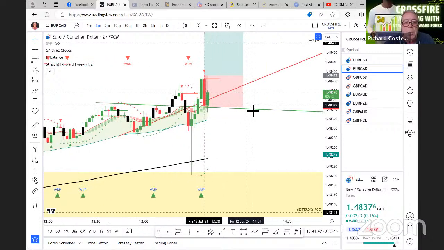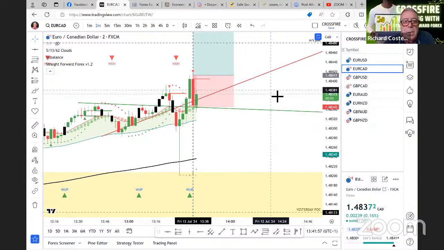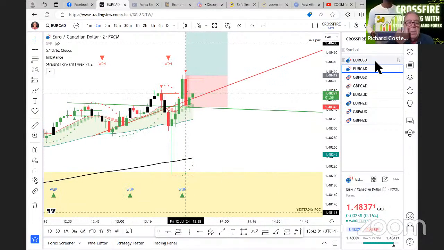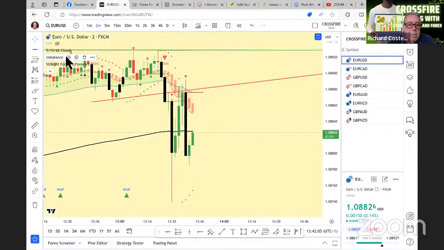So my stop loss would have been at that point where the green trend line was, and I would have been taken out on that one. So I'm going to go back through the pairs, and take off that imbalance.